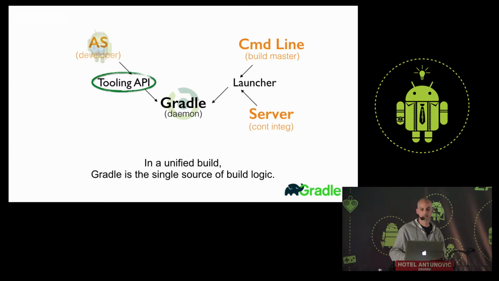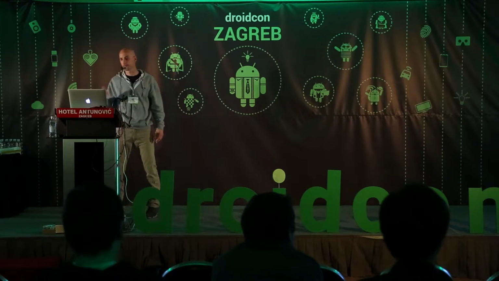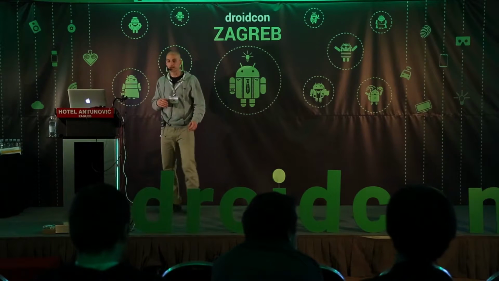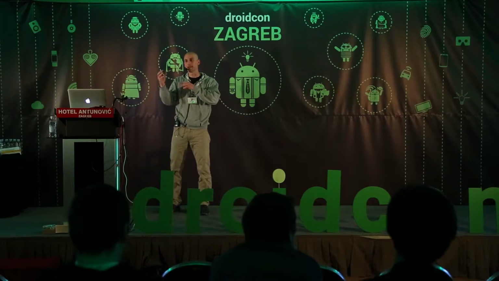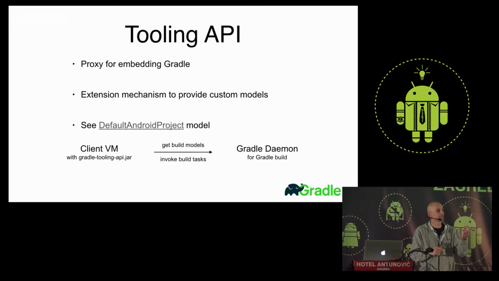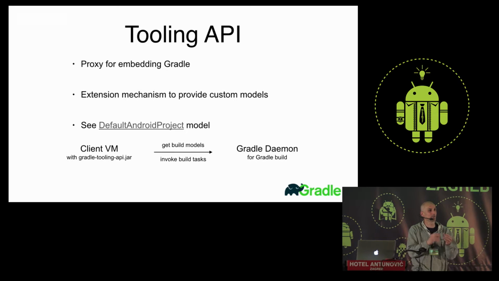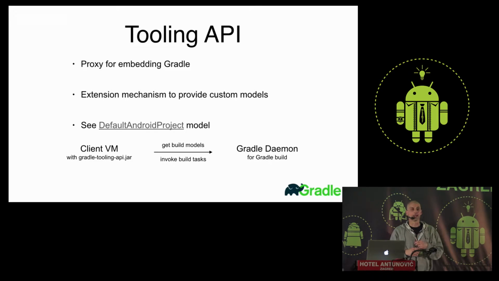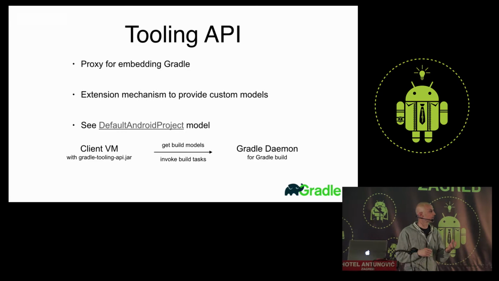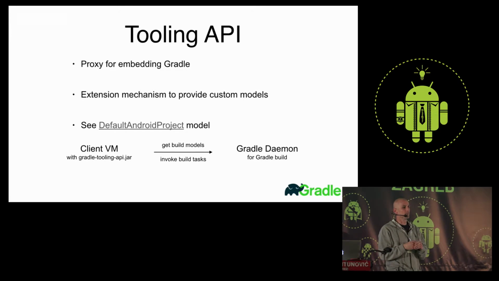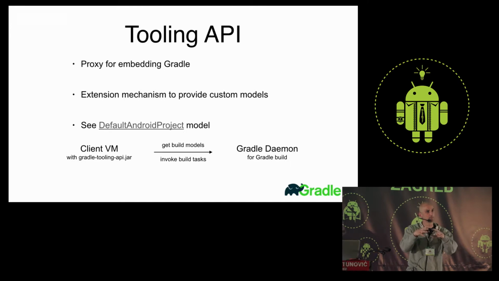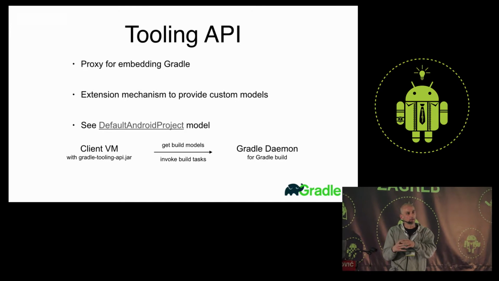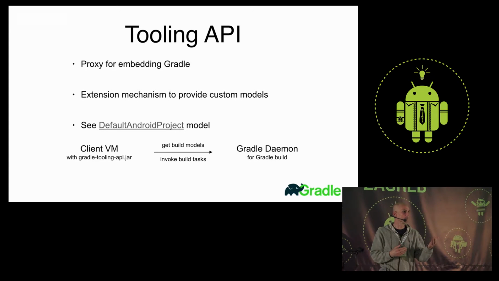Just a few more details about the Tooling API, which I think should be interesting for every developer. As I said, it's kind of a proxy for embedding Gradle. So that little library itself doesn't have any logic in it. It just forwards via inter-process communication to Gradle. And it has an extension mechanism, and that's what the Android team is using heavily. What they want to do is extract certain information described in the build so that they can map it to the IDE.